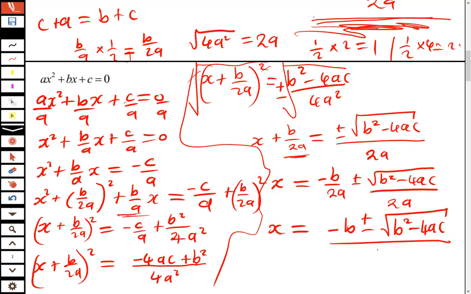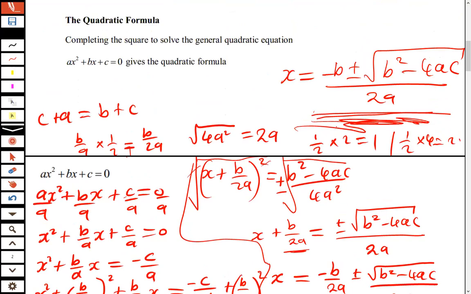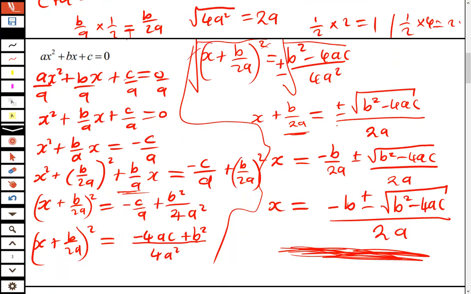Then everything divided by the common denominator, which is simply 2a. So this is what we call the quadratic formula. This is the one that I just wrote on top here, the one that you can see on the screen. So that's the quadratic formula. That is how you derive it.